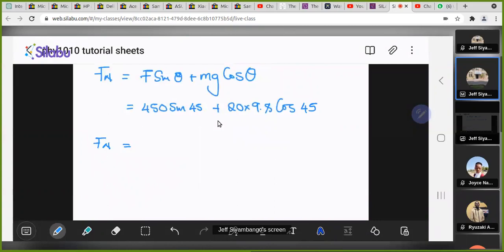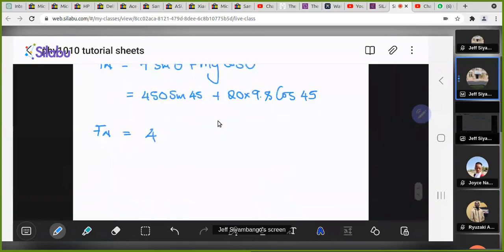That is 450 sine 45, and then plus 20 multiplying 9.8, and then cos 45. You guys can do this as well. Verify that what I'm writing here is correct. We get 456.79 newtons. This is what comes out as our normal force.